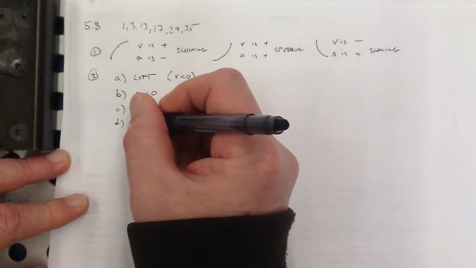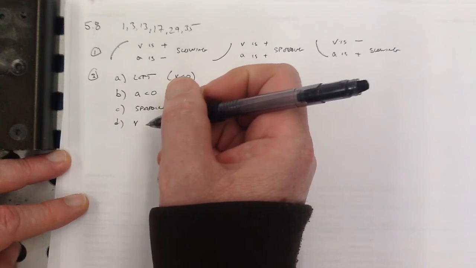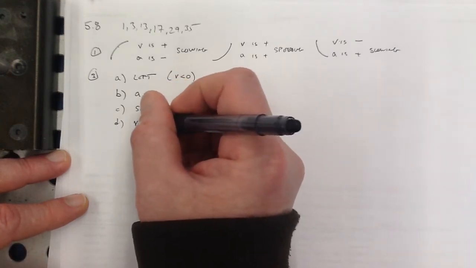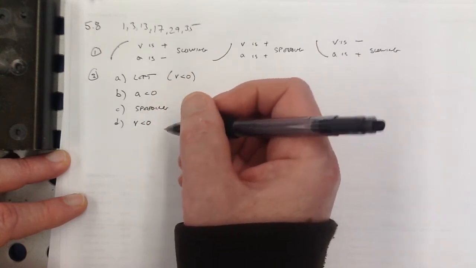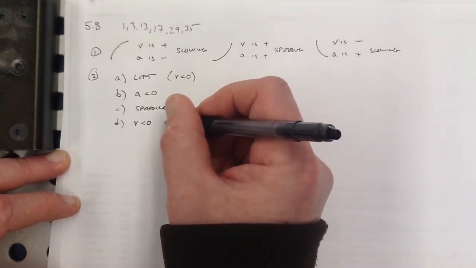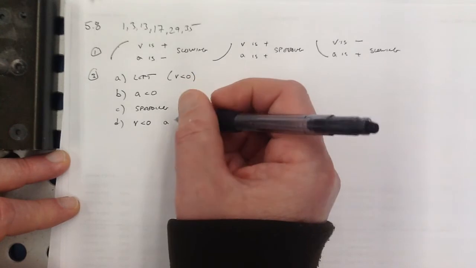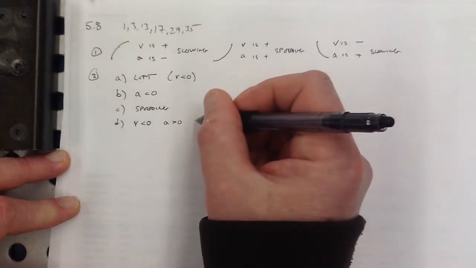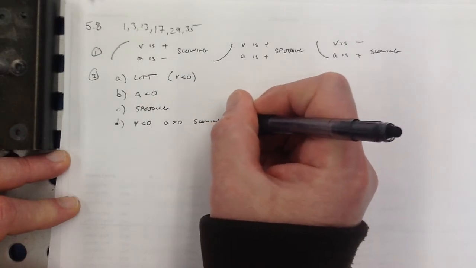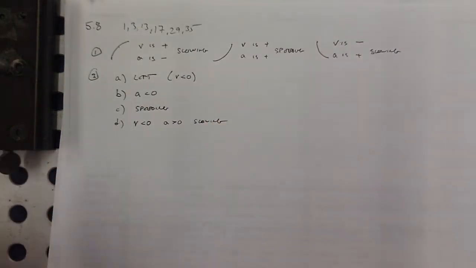So at time t1, what's the velocity? The position is decreasing, so the velocity is negative. In other words, it's going down, the slope is negative. And the concavity looks like it's concave up, so that means it is slowing.